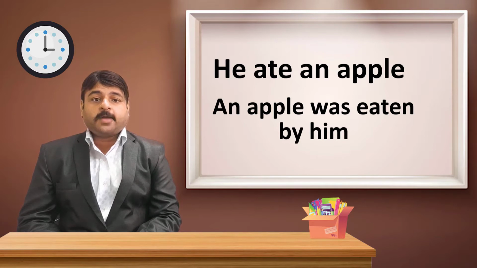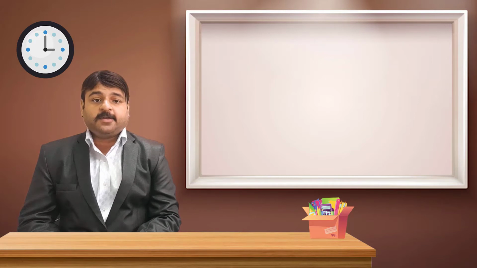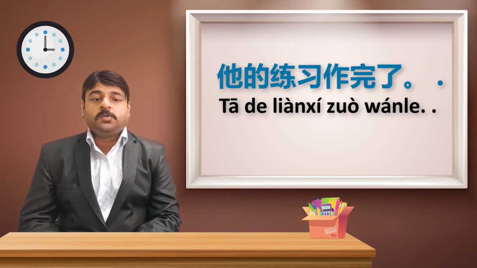Let us now have a look at the following sentences from the box to understand how we make passive sentences in Chinese. 他的练习做完了. He finished his exercise, or his exercise was finished. This is an example of an implied passive sentence in Chinese. Passive sentences can be of two types. One is the implied passive sentence, the other is where we use some particles to denote that the sentence is passive.